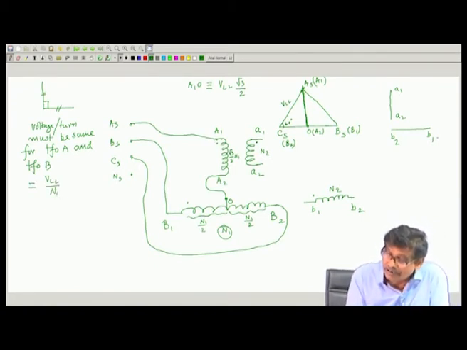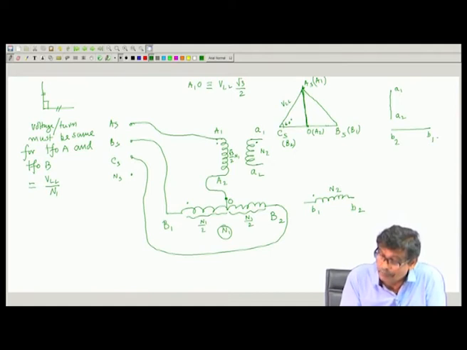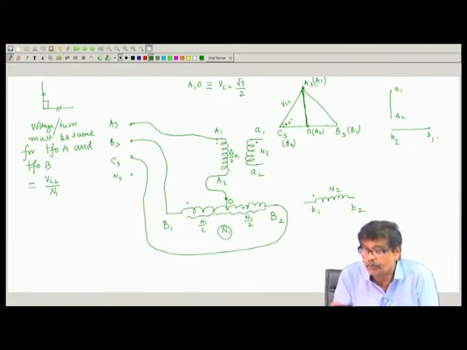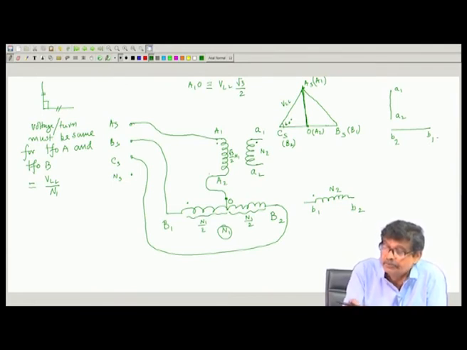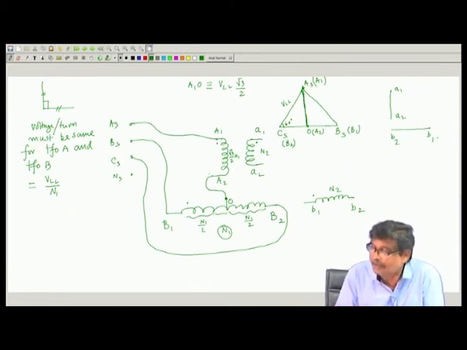Now, this voltage I have right now seen is VLL into root 3 by 2. Therefore, if you set its number of turns to capital N1 as before, its voltage per turn would have been VLL root 3 by 2 divided by N1, and its secondary voltage would have been VLL root 3 by 2 by N1 into N2, and that will not be the same as this one.